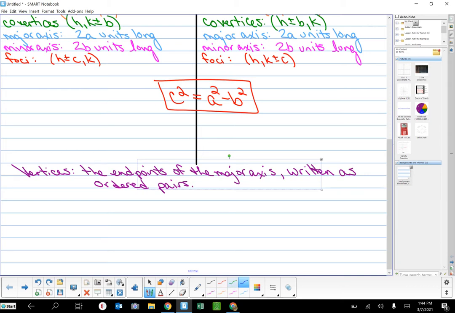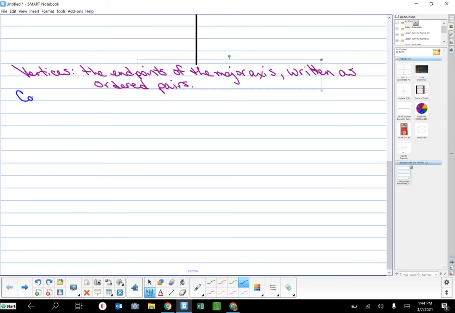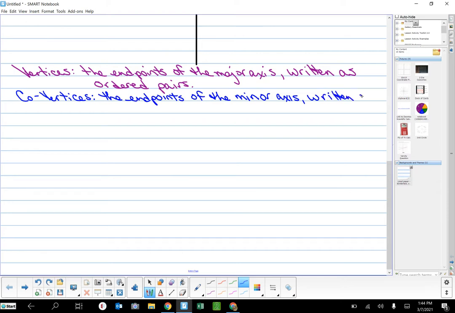Okay. The covertices. These are the endpoints of the minor axis, and these are also written as ordered pairs.